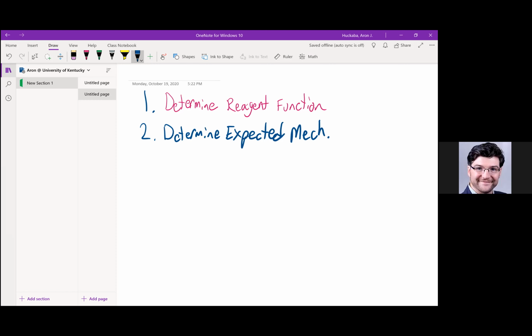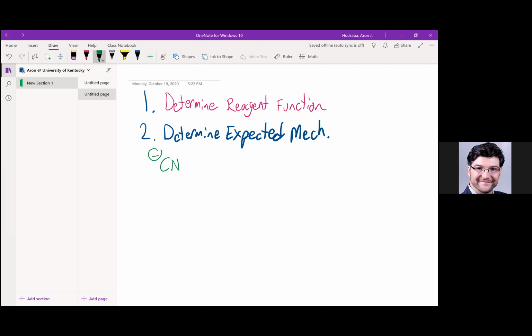For instance, a really strong nucleophile that is not a very good base, such as the cyanide ion, is going to be a much better substitution reagent than a base.